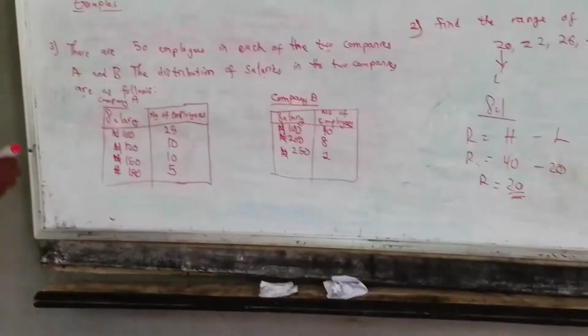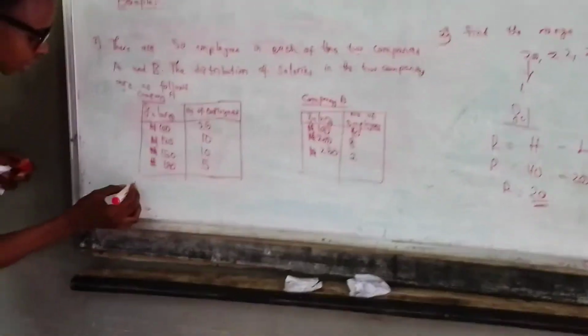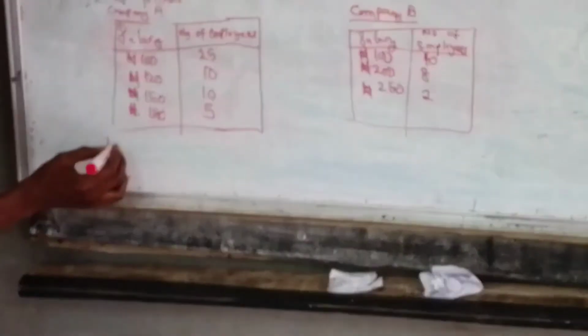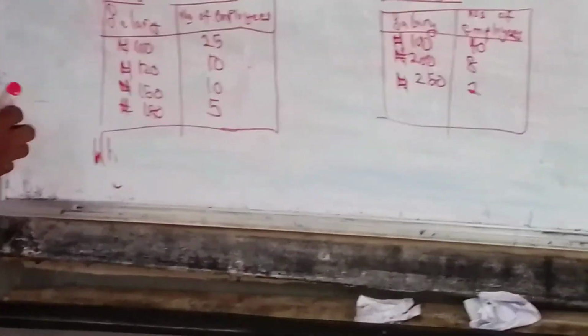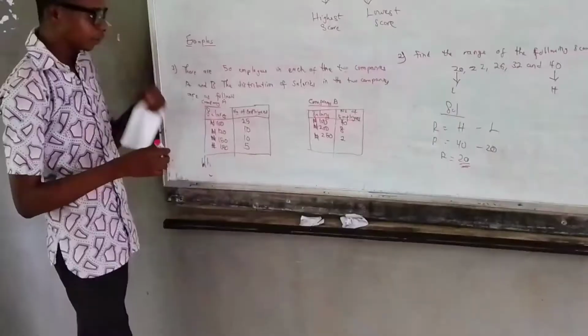Okay. Now, what was the question? What did the question say we should do? There are 50 employees in each of the two companies A and B. The distribution of the salaries is as follows.